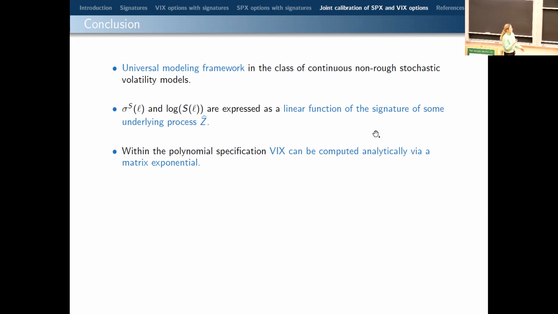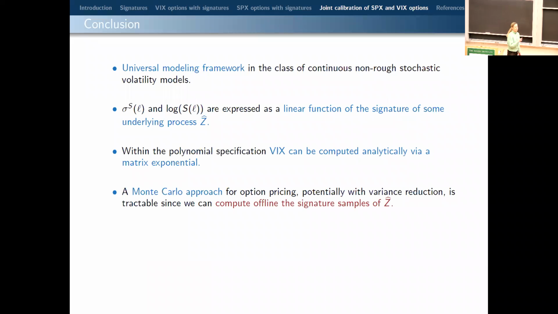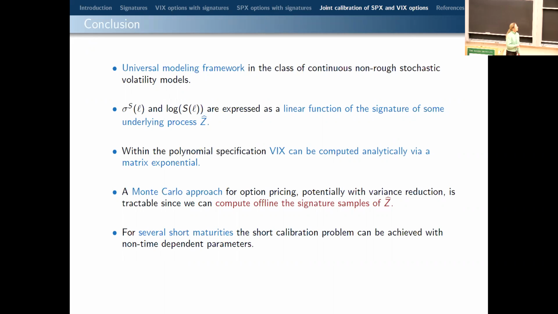Within the polynomial specification, we get really nice formulas, and therefore a Monte Carlo approach works. We can calibrate separately. And for several short maturities, the joint calibration problem can be solved without time-dependent parameters. And finally, when we go longer, we can use time-varying parameters.